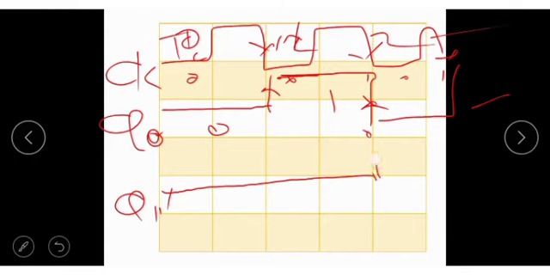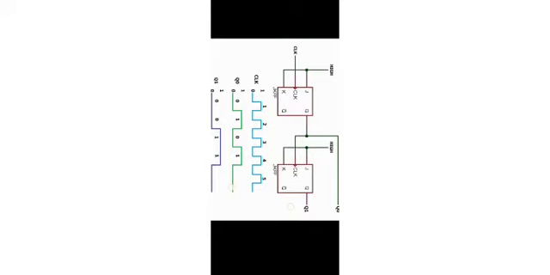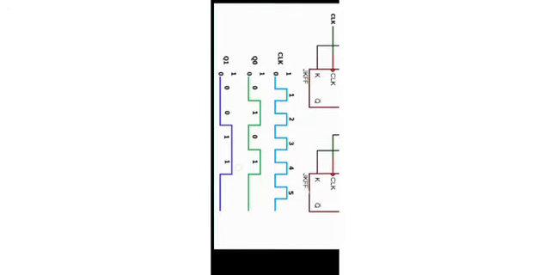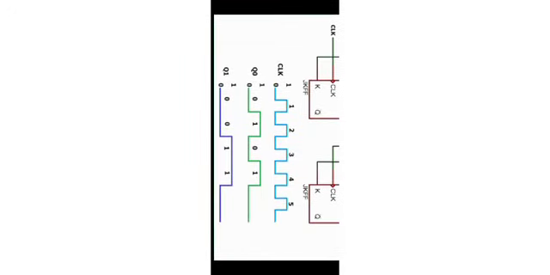Then Q1 is high, so 1, and this process continues. And we get this type of frequency division where the clock is 0, then goes high; the first round of the clock is 1. For Q0, when 0 changes into 1, it will be 0 and change to 1. And when the second trailing edge comes, it becomes 0. Again 3, 1 and so on.